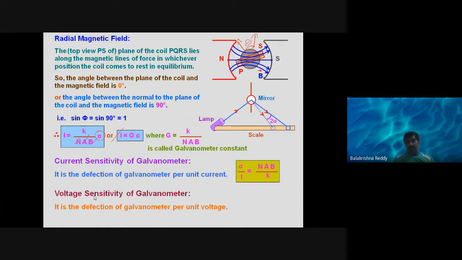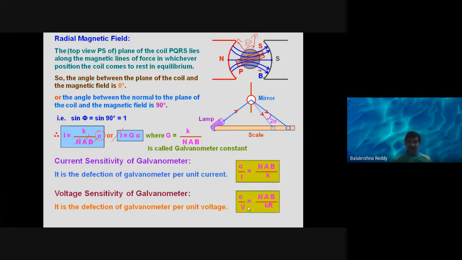Now coming to the voltage sensitivity of the galvanometer. Current sensitivity you know like this. Voltage sensitivity means per unit voltage how much deflection it shows. My meaning is that when the galvanometer is used with respect to current, it is per unit current. When the galvanometer is used with respect to voltage, per unit voltage it shows the deflection.